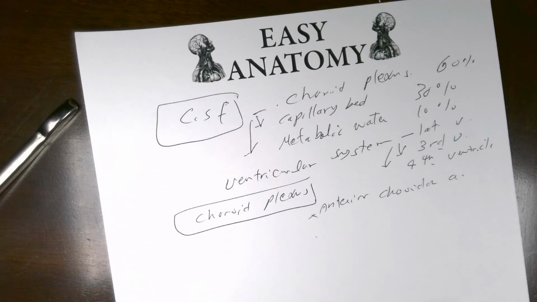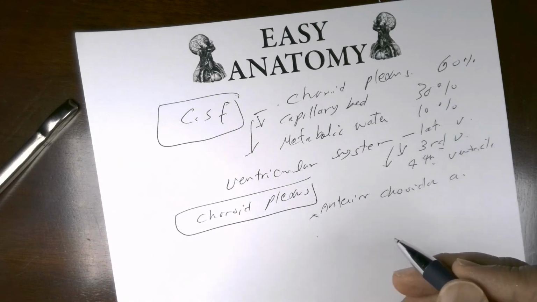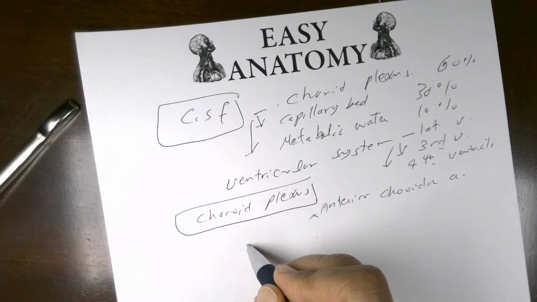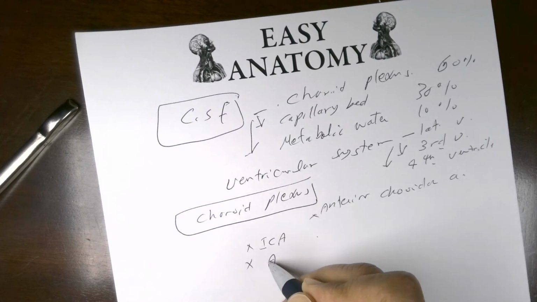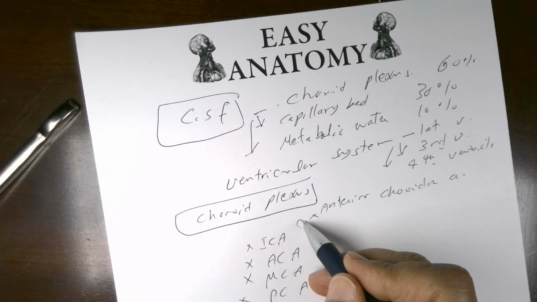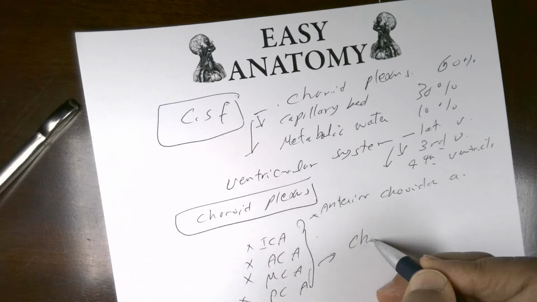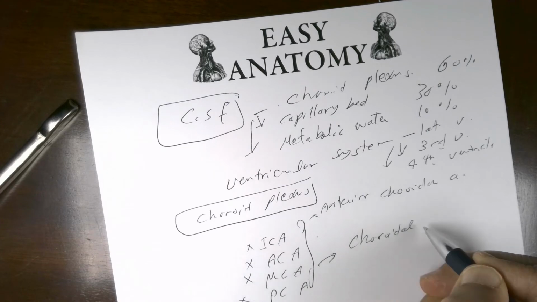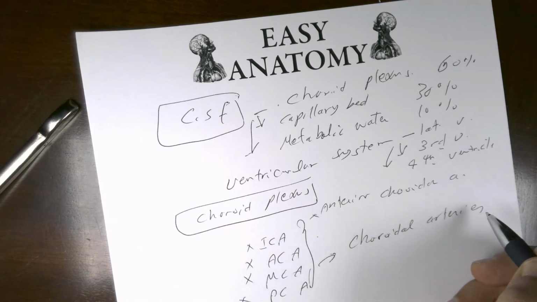So all of them form choroidal arteries. Okay, so this is just a quick reminder of the choroid plexus, located inside the ventricular system and receiving blood supply from different cerebral arteries.